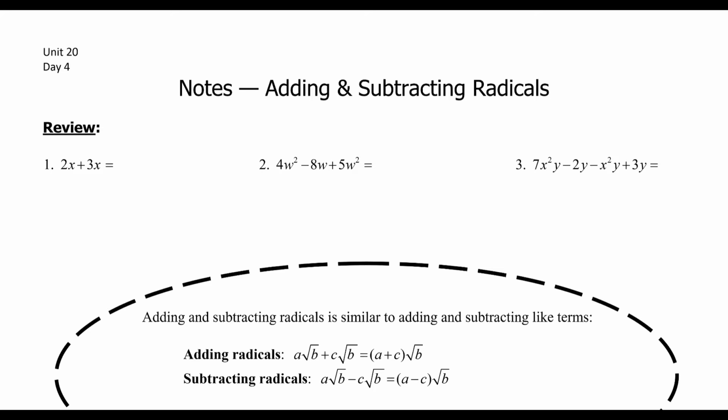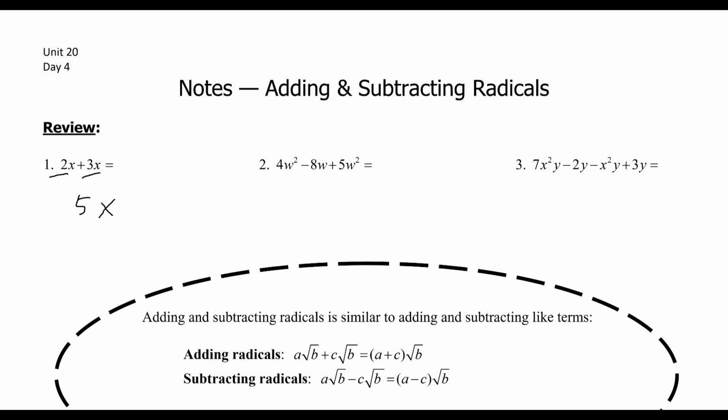So if we look at 1 through 3, all of those are just basic combining like terms problems. On number 1, you notice that we have a variable of x on both of those, and then 2x plus 3x is going to be 5x.